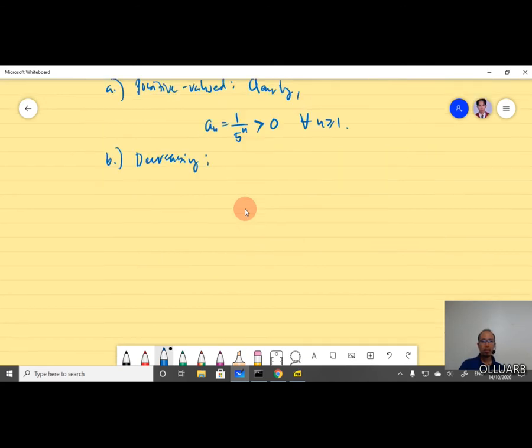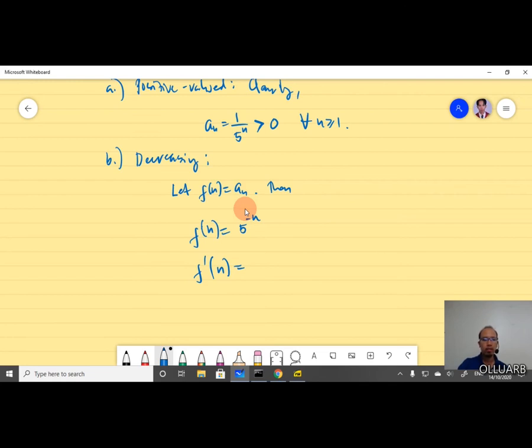So let f of n be a sub n, then f of n, which is 5 raised to the power of negative n. I simplified it already.